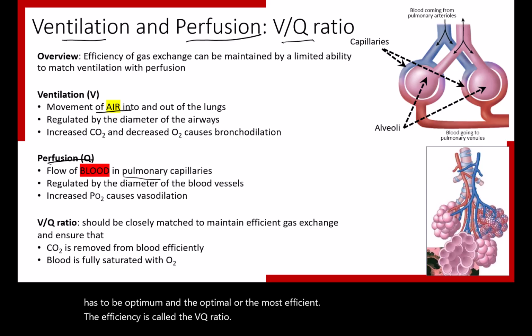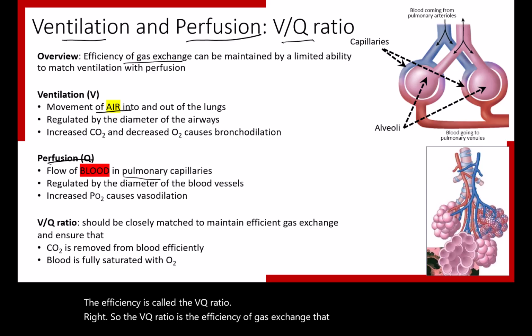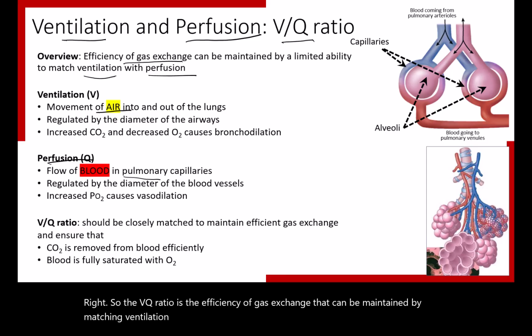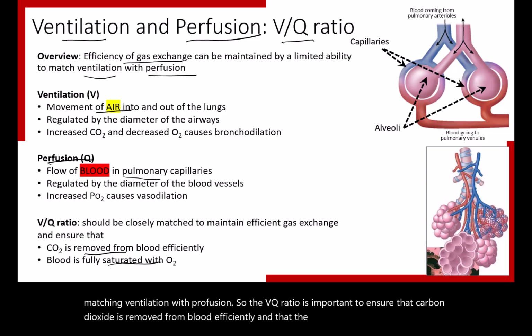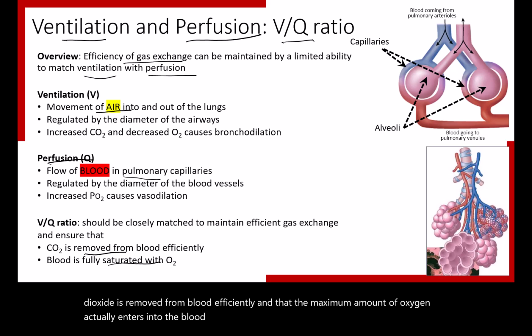So the VQ ratio is the efficiency of gas exchange that can be maintained by matching ventilation with perfusion. So the VQ ratio is important to ensure that carbon dioxide is removed from blood efficiently and that the maximum amount of oxygen actually enters into the blood. So the VQ ratio makes it efficient for gas exchange to occur.